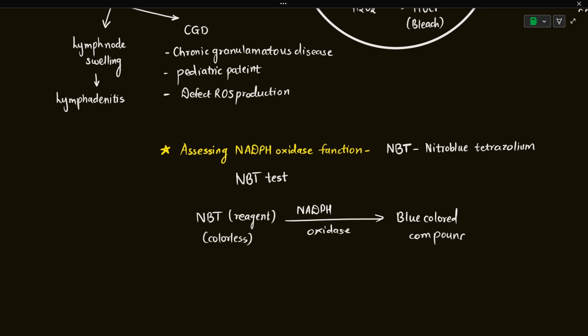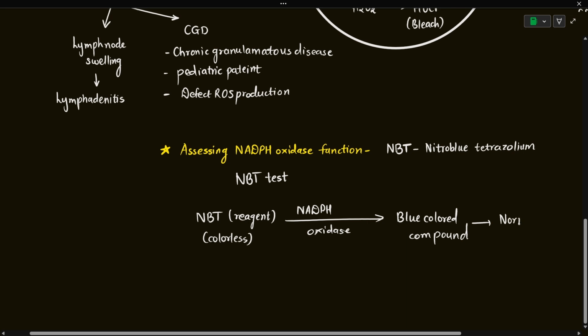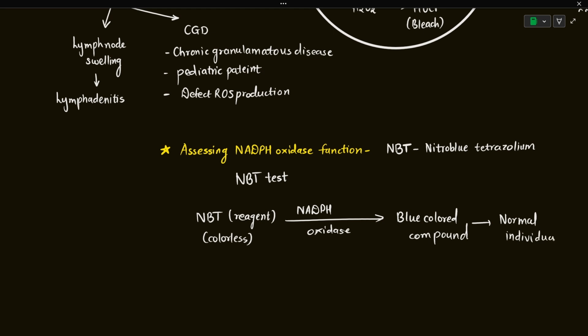So if we find the blue colored compound after the addition of NADPH oxidase, it means the NADPH oxidase is functional, and the individual is normal. But if the blue colored compound is not formed, there's something wrong with the NADPH oxidase, and that is why the patient has the disease. This is how, by using the NBT reagent, nitroblue tetrazolium, we can assess the function of NADPH oxidase.